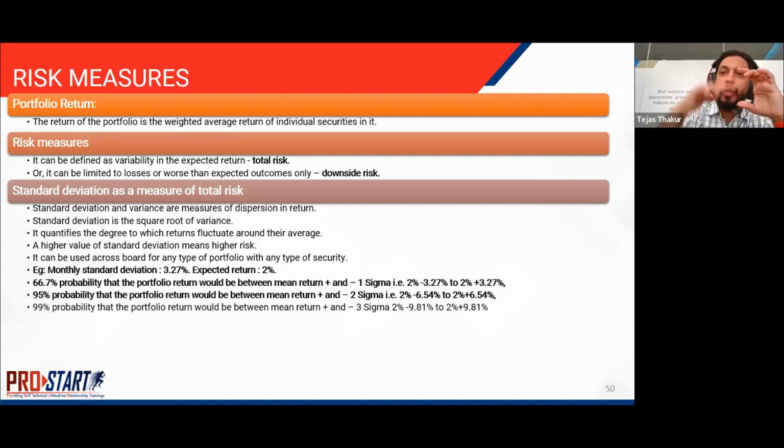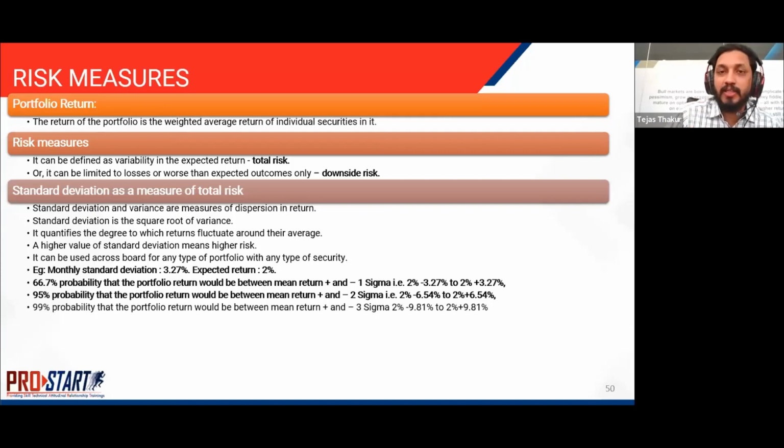How much is the volatility in terms of the returns of the portfolio? Similarly, there is a 95% probability that the portfolio returns will be within 2 sigma standard deviations, or basically 2% plus 6.54%, which is 2 times 3.27%, the standard deviation, and similarly on the negative side, and a 99% probability that the returns will be within 3 sigma standard deviations.